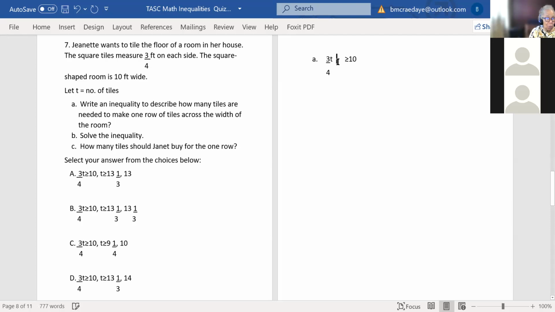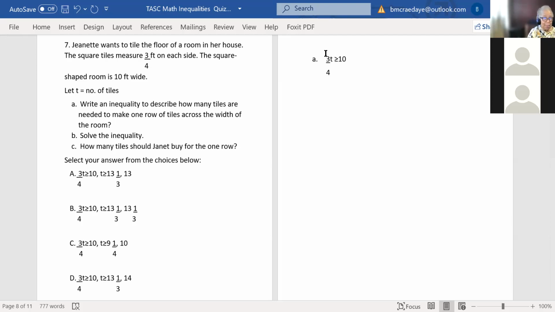So the 3/4 multiplied by the number of towels, T, has to be greater than or equal to 10, which is the side of the room, because it's a square, 10 feet wide and 10 feet long. So that would be the A. All right, and actually they all gave you that.